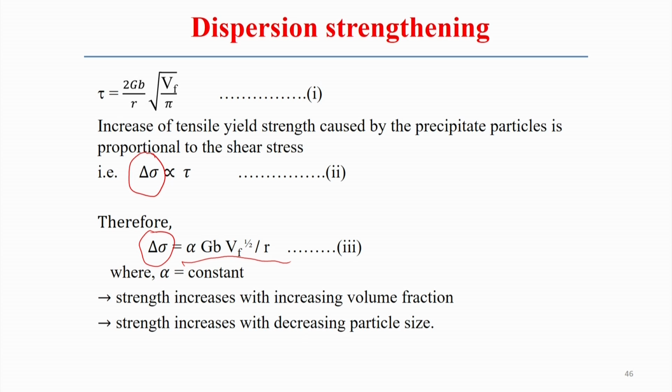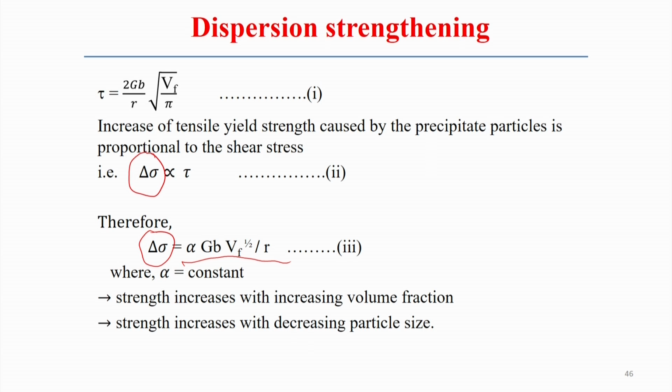Now if we look into equation 3, the strength increases with increasing volume fraction. That means if the volume of particles within the sample increases, the strength level increases. The strengthening effect is more with the increment of the volume fraction of the particles.